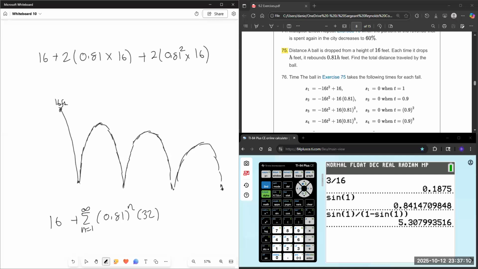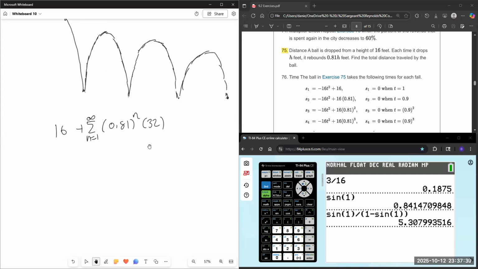So there it is. And then so on and so forth. So I multiplied this 2 in there with the 16 to get 16 plus 81% of 32 plus 0.81 squared times 32 plus so on and so forth. And this starts at 1.